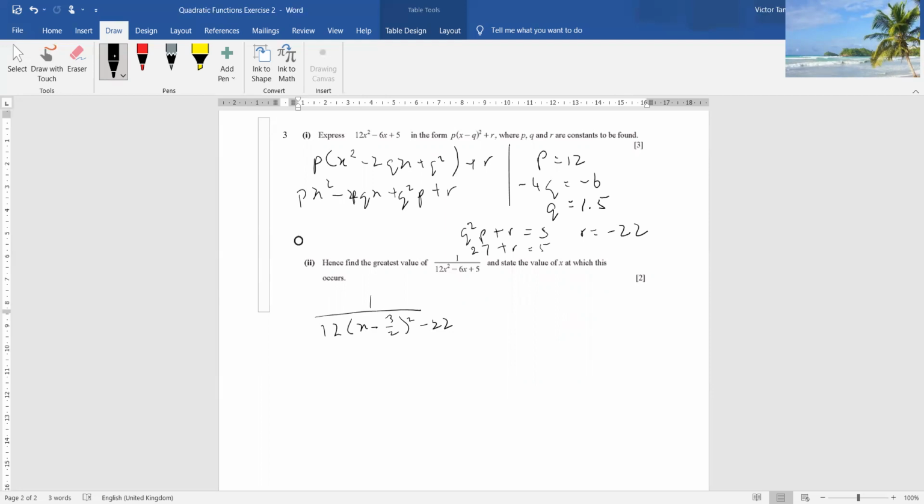Okay. So the denominator, you understand the function. The minimum value is.